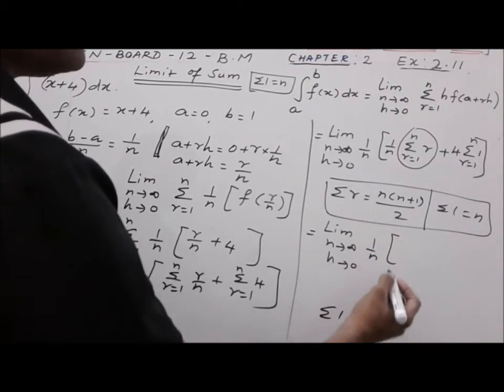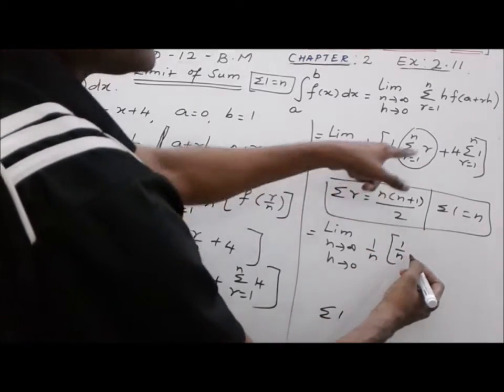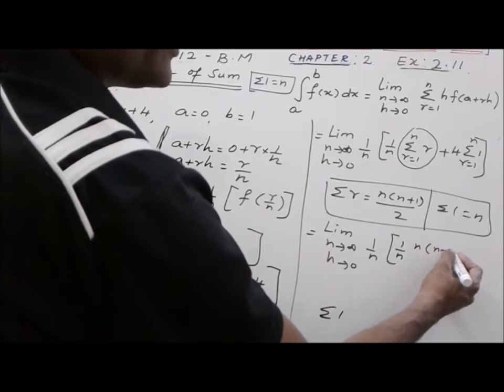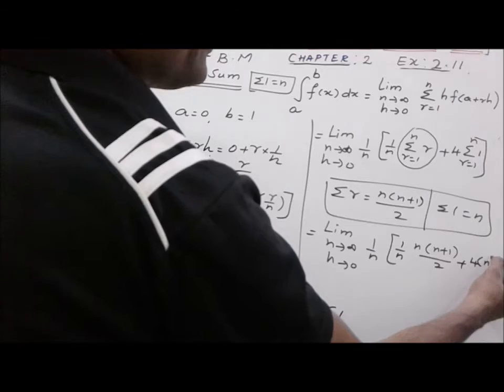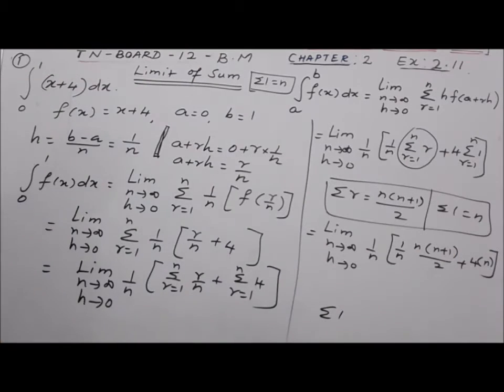by n into 1 by n sum of r means n into n plus 1 by 2 plus 4 into n. 1 by n into 1 by n into n into n plus 1 by 2 plus 4n.